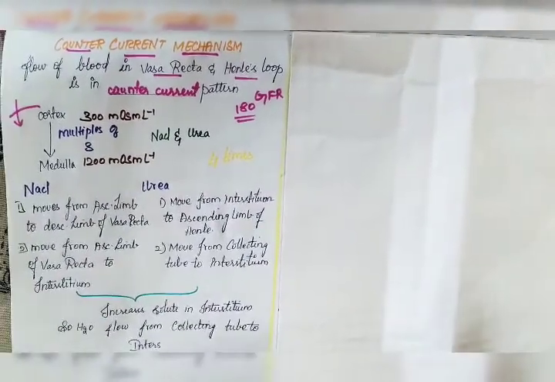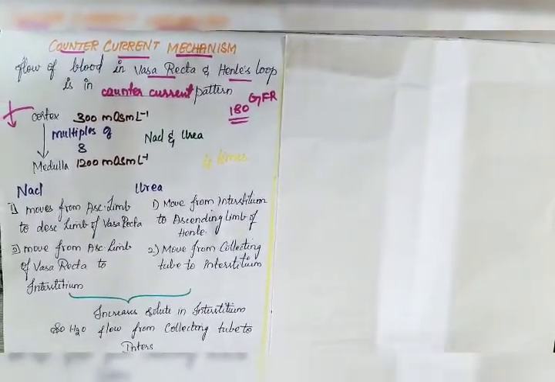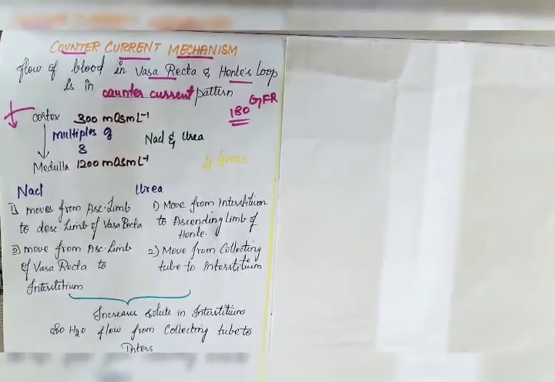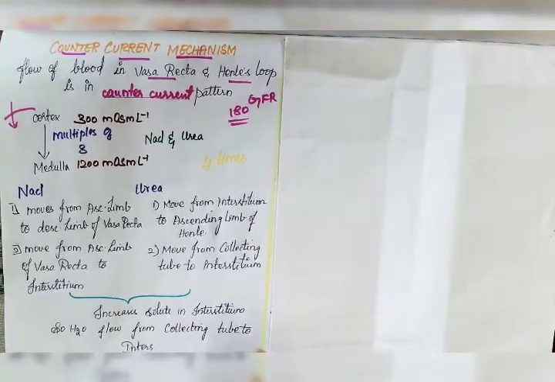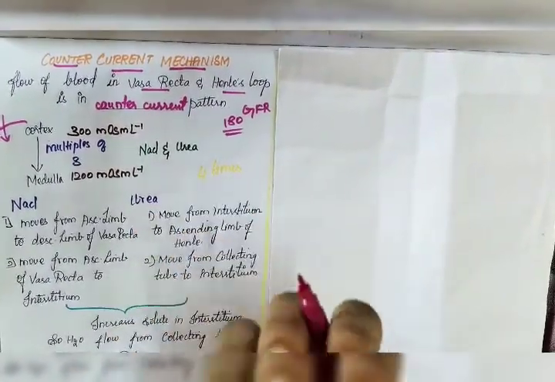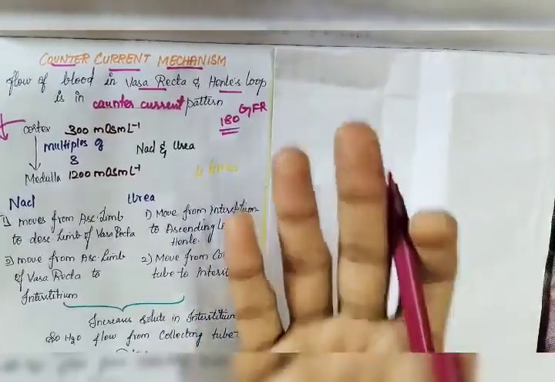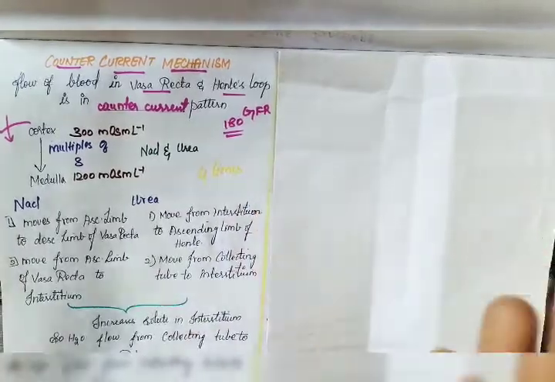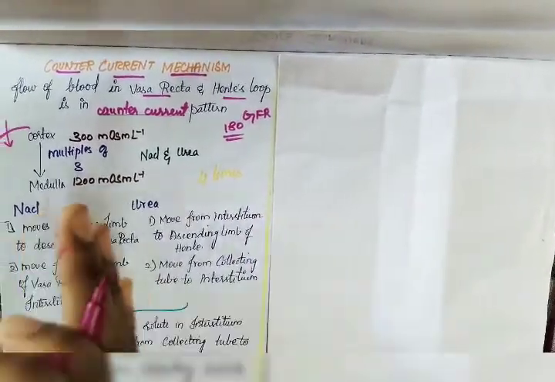The urine released will be concentrated or dilute with respect to our body fluids. If our body fluid is in a hypotonic condition, that is, less solute, then the urine will be concentrated, because the urine produced is with respect to our body fluids.